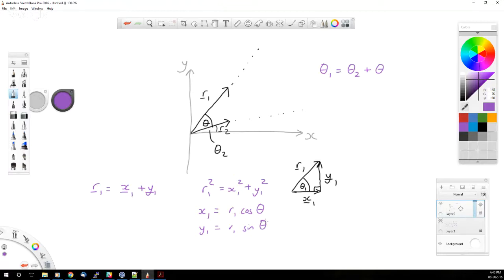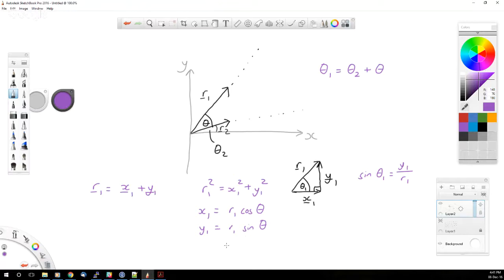If you're having trouble seeing that, imagine rearranging sine theta 1. So sine theta 1 is opposite over hypotenuse. And of course, we can also square both of these and add them together.